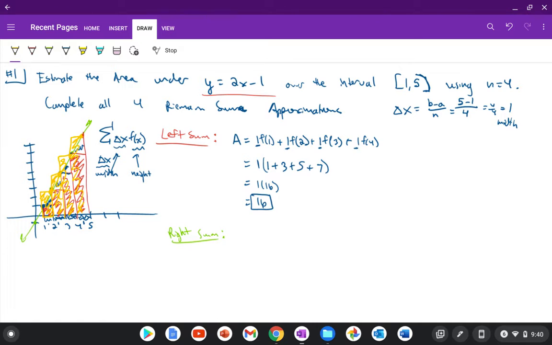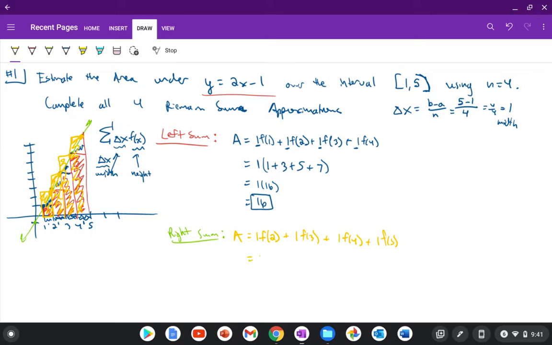Okay, so when I do my area here, when I sum up all the widths times the heights, my width's still going to be the same. So it's just going to be 1 times. Now instead of using f of 1 as my first height, I'm using f of 2 as my first height. So 1 times f of 2, plus 1 times f of 3, plus 1 times f of 4, plus 1 times my last one, which has a height equal to f of 5.